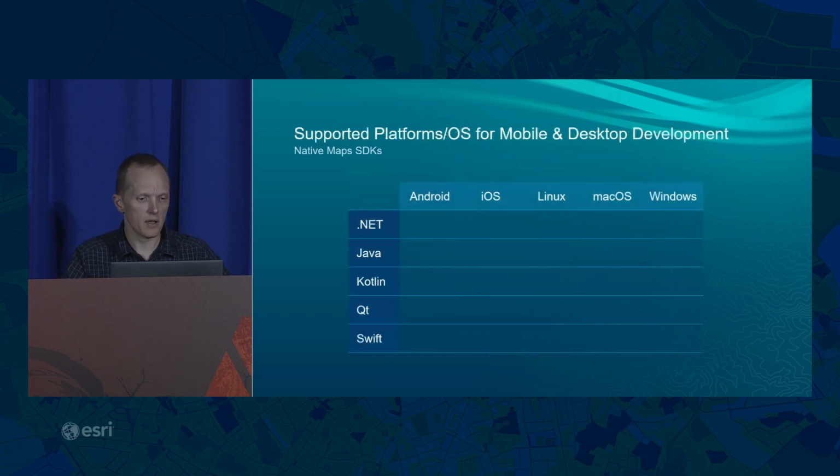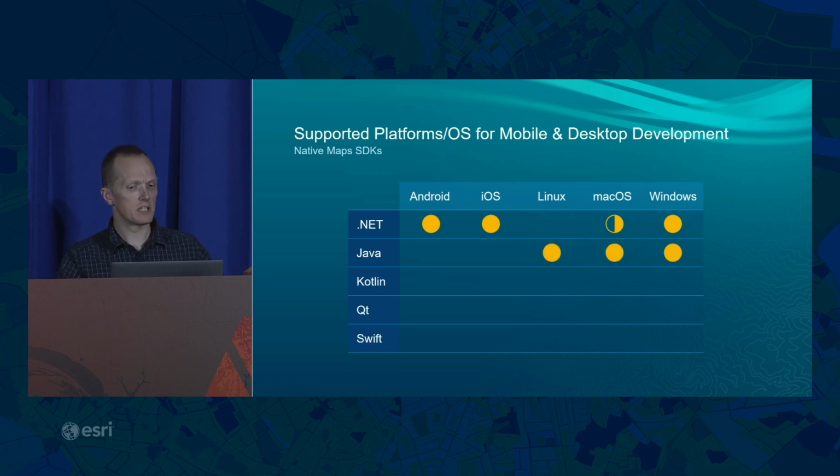But then the other factor that plays into this is obviously the platforms that you want to target as well. So .NET as a cross-platform option supports Android, iOS, Windows, it also supports Mac OS with Mac Catalyst. If you're using the Java SDK, then it supports Linux, Mac OS, and Windows. So again, cross-platform there. Kotlin primarily supports Android.